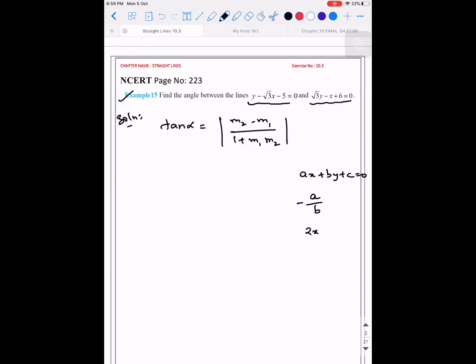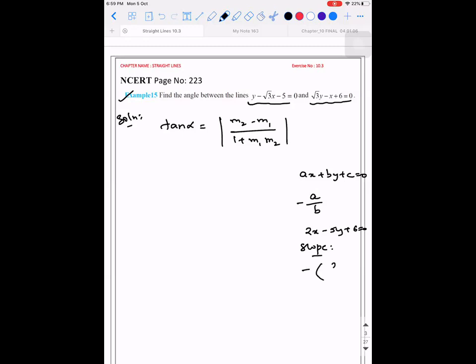So tell me, 2x minus 5y plus 6 is equal to 0, what is the slope? Two by 5. Yes.